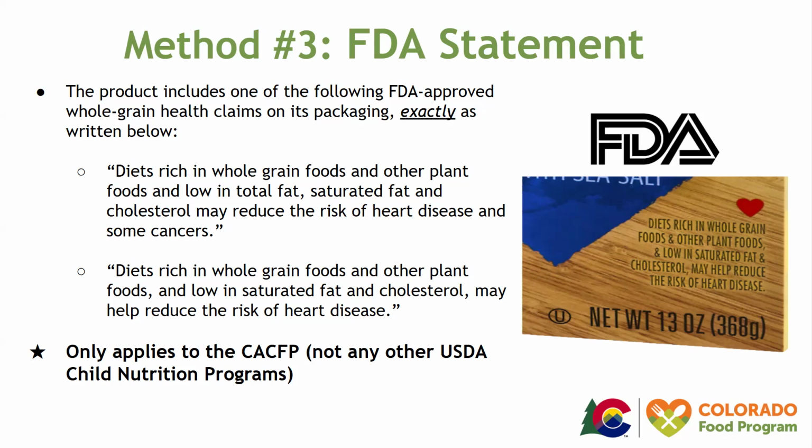The other option is: diets rich in whole grain foods and other plant foods and low in saturated fat and cholesterol may help reduce the risk of heart disease. And this method for determining whole grain only applies to CACFP, not any other child nutrition programs such as National School Lunch.